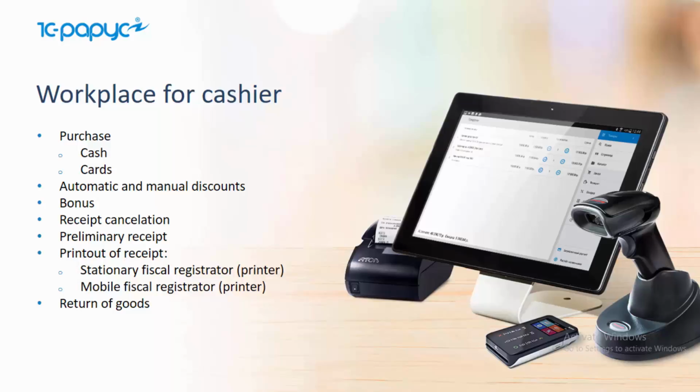We can then print out the receipt or cancel the receipt. We can open the preliminary receipt which was formed by internet or maybe a day before. As I already said, we can print out the receipt.